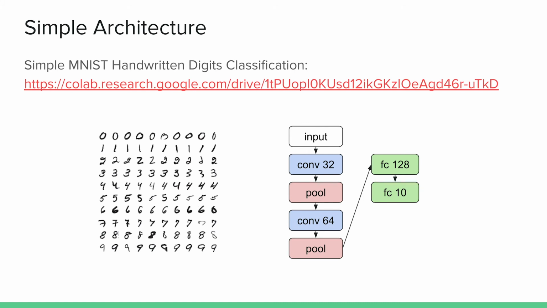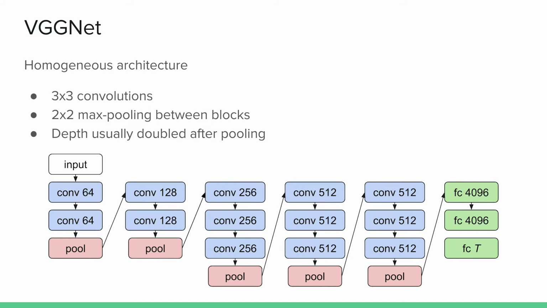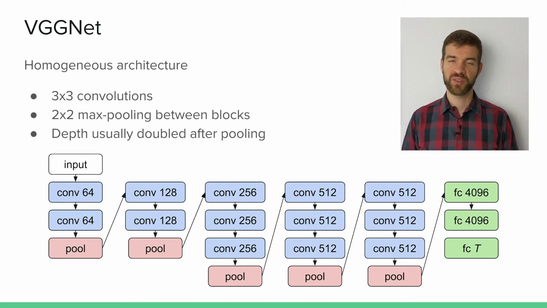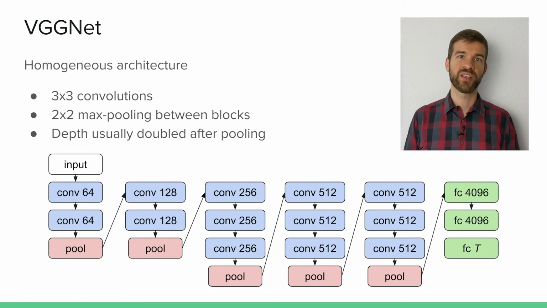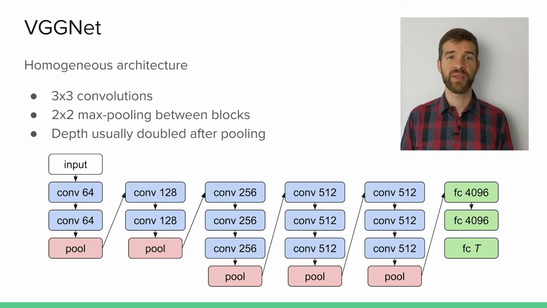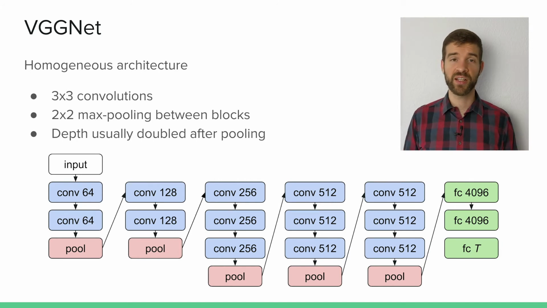And now let's take a look at a bit more complicated architectures. So the VGGNet is a homogeneous architecture that has been developed some time ago, but it was one of the most famous ones because it was the first one that had this big breakthrough for the large-scale visual recognition challenge, where they try to classify images on a really large scale on the ImageNet dataset.